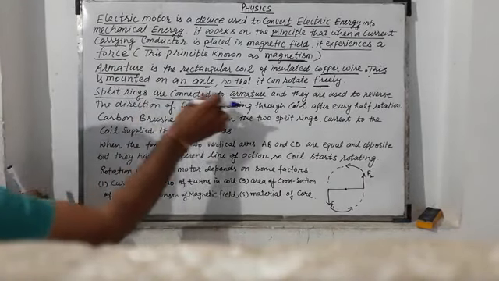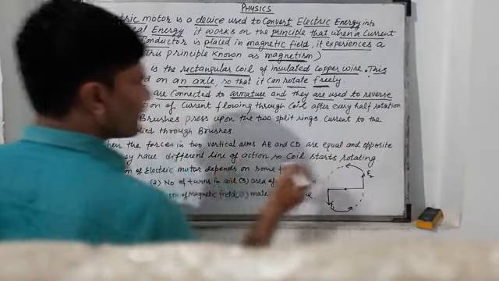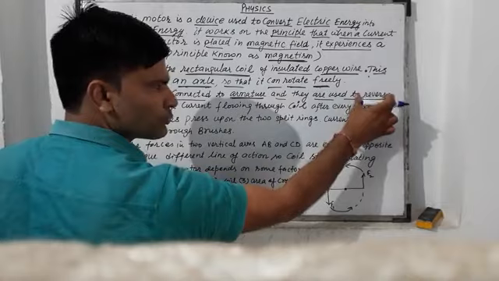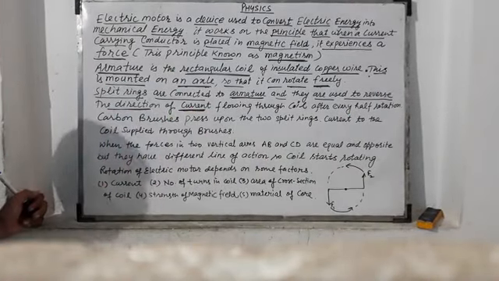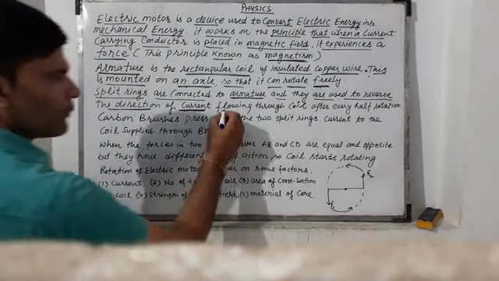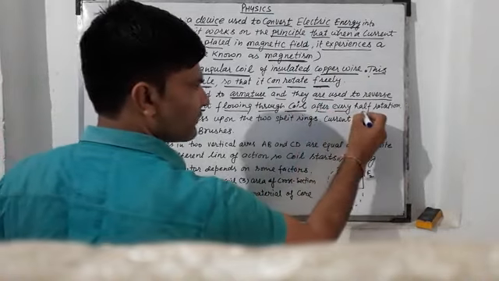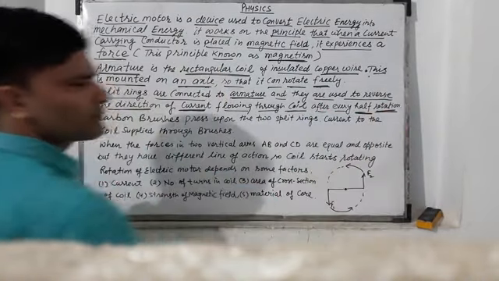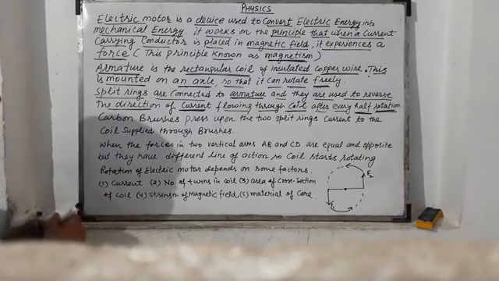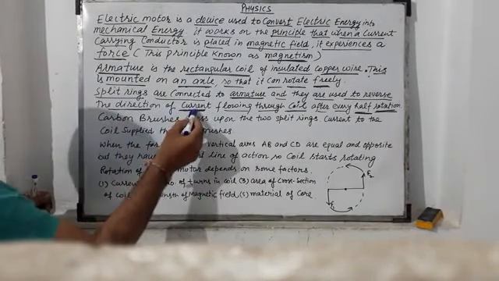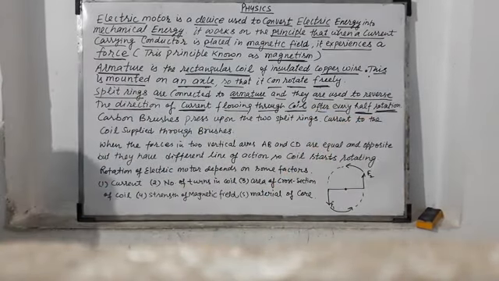Split rings are used to reverse the direction of current flowing through the coil after every half rotation.